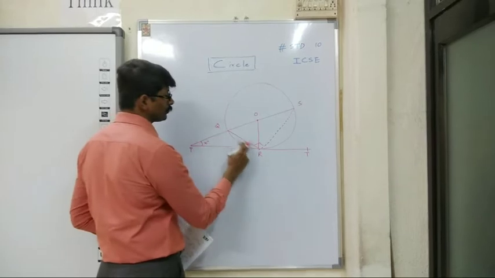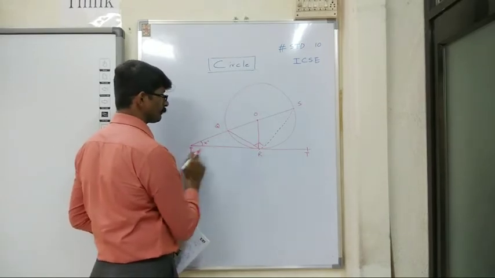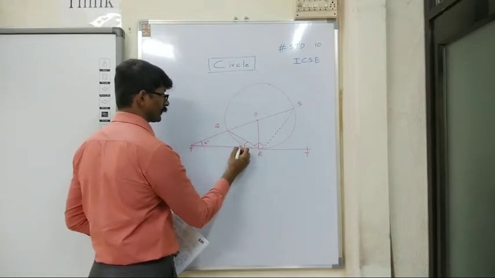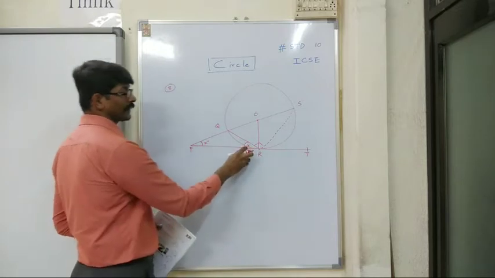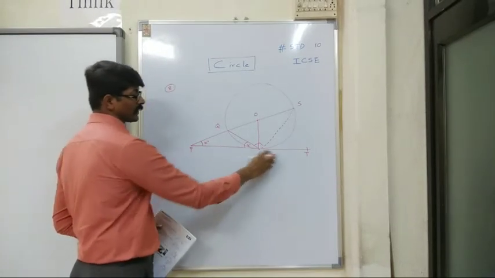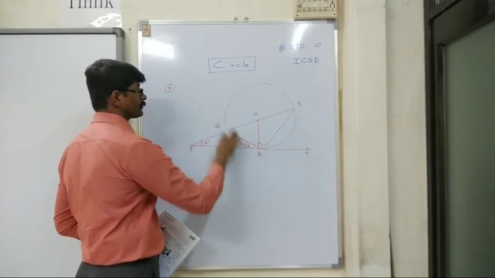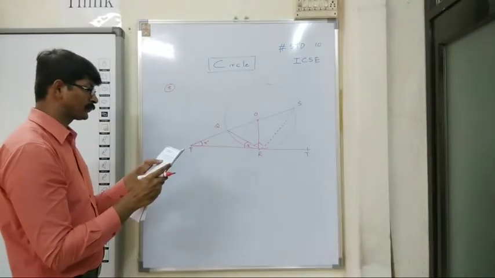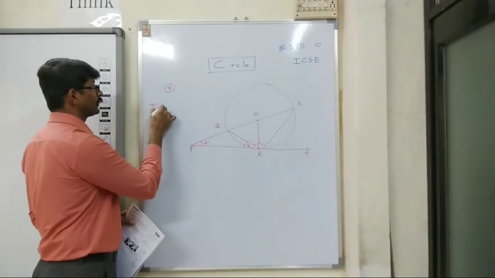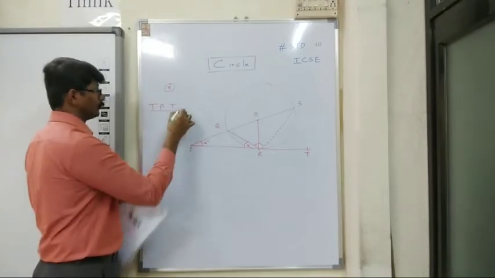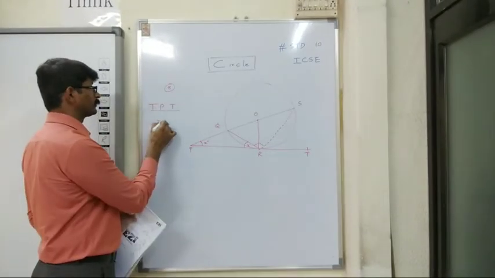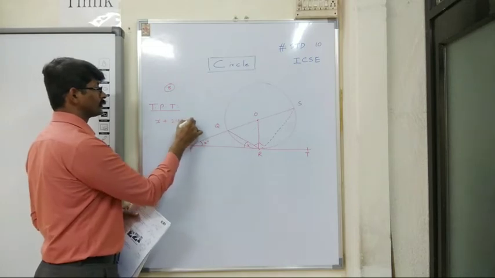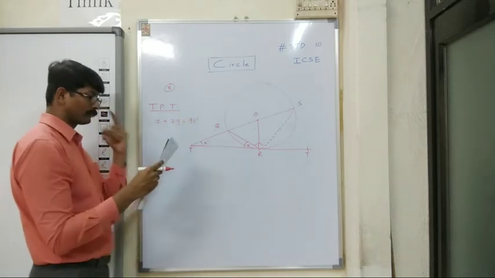Angle QRP, this portion. Can you get this? This is the angle in the minor segment, because this is a tangent, this is a chord, and this is a circle. Show that x plus 2y. So what are we to prove? We are to prove that x plus 2y is equal to 90 degrees.